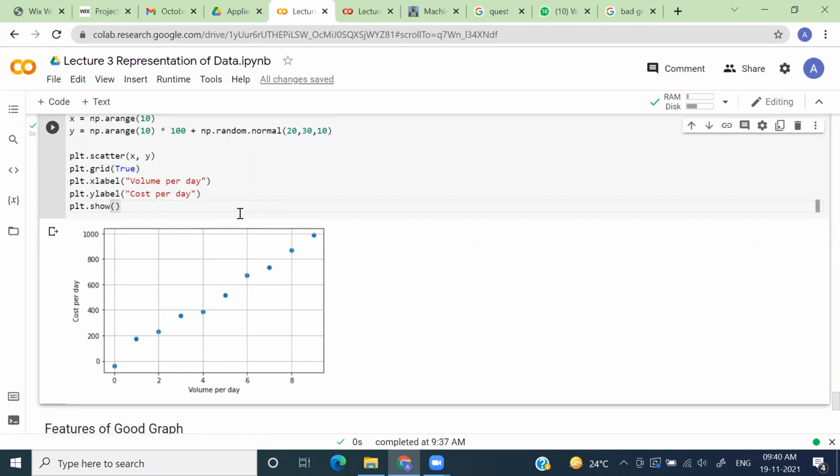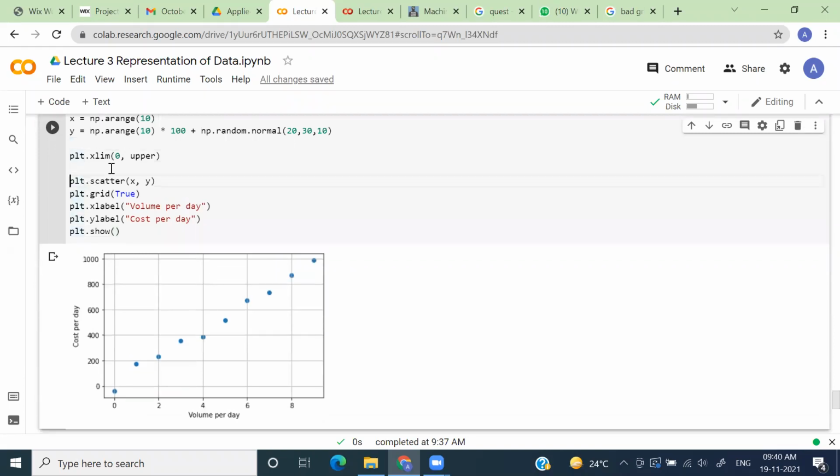However, in some situations, if it doesn't start, there is a syntax for that, which is plt.xlim(0, upper limit), whatever upper limit you are having. This will make sure that you're setting a limit on your x-axis which starts with 0 and ends at the upper value you have for that particular variable.